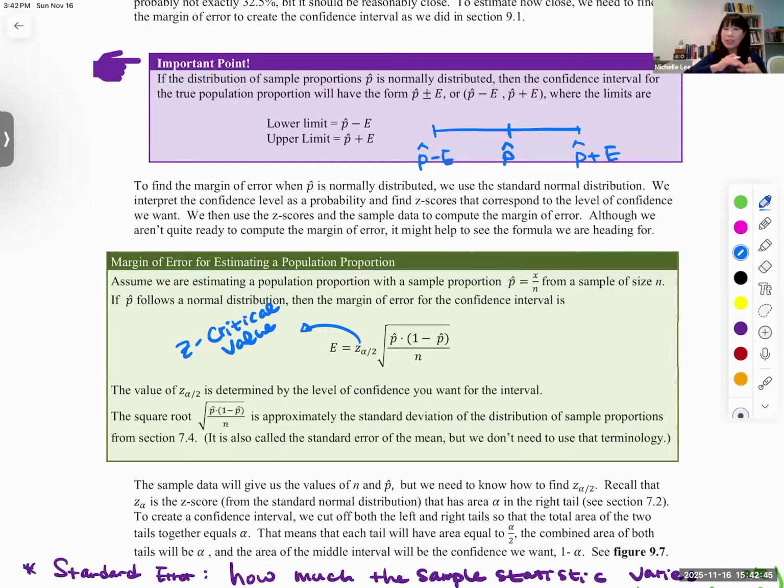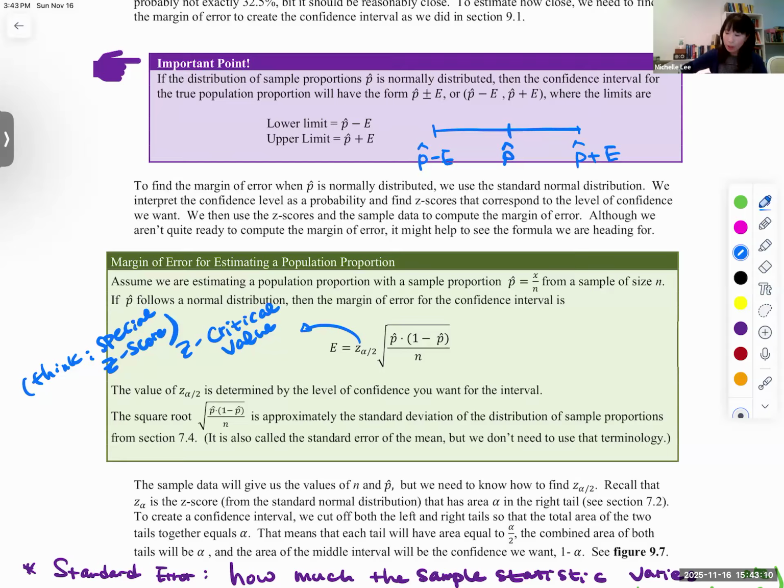All z critical values we call z scores, but not all z scores are critical values. This is a special z score. Make sense?